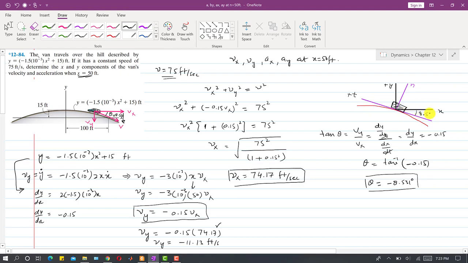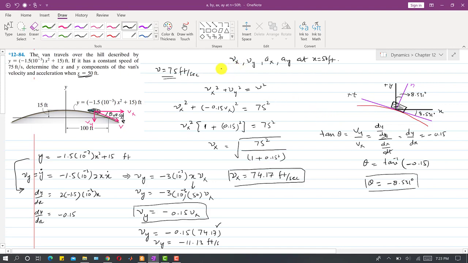Similarly, this normal axis is making 90 degrees with this t axis, and 90 degrees with this x axis. So this angle is also 8.531 degrees.